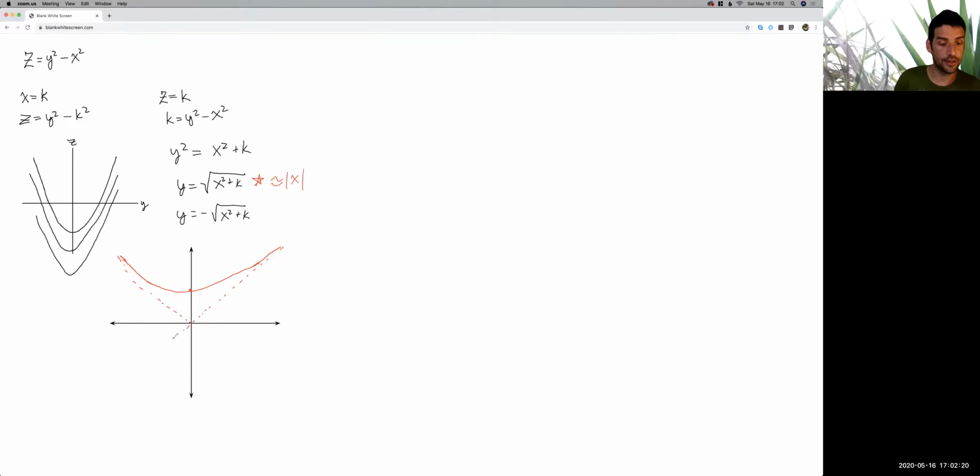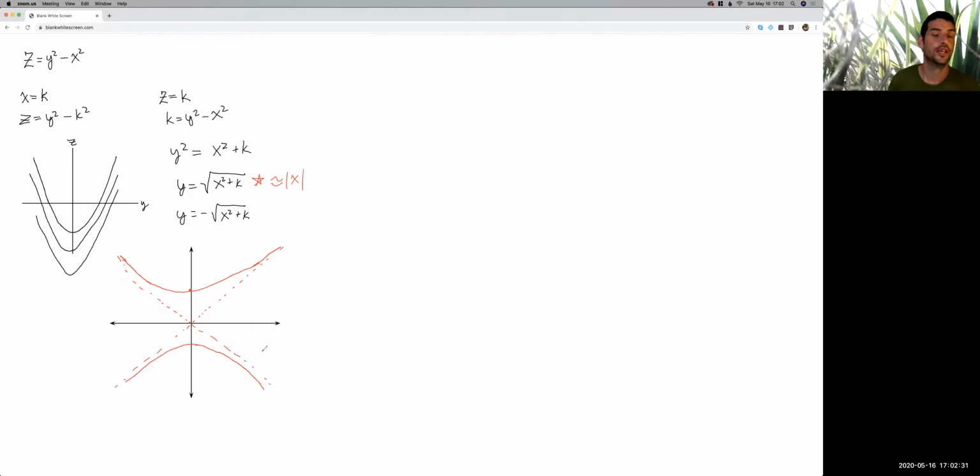And in the negative direction, it's going to look the same but reflected, right? Further away from x equals 0, it's very close to the absolute value or the negative absolute value. But right near 0, all of a sudden that k starts to matter. And we bend away from that graph, right?